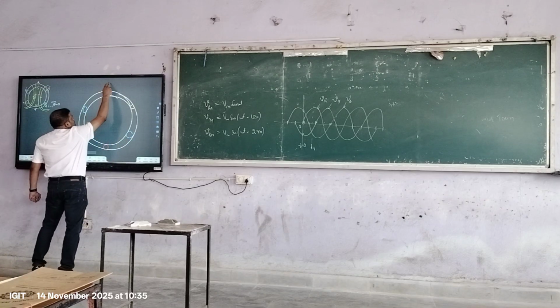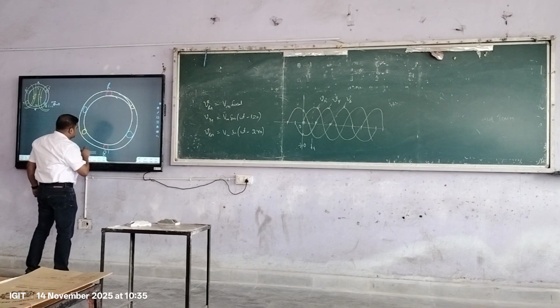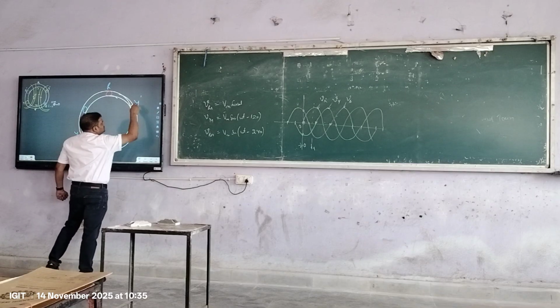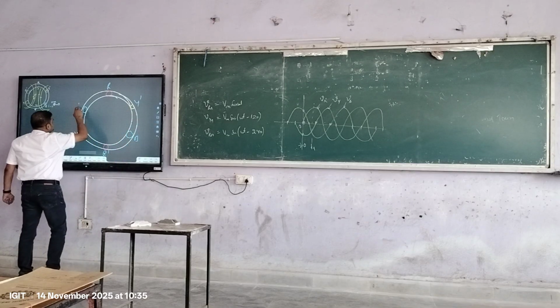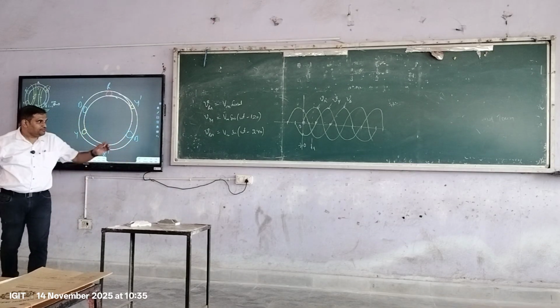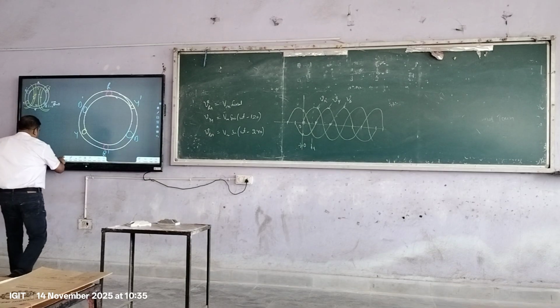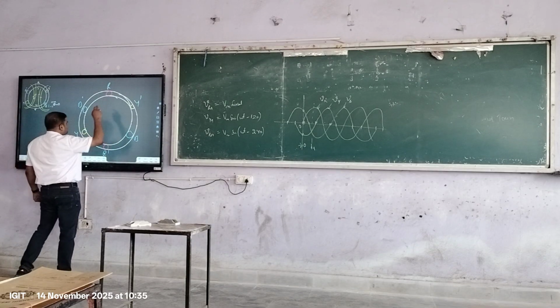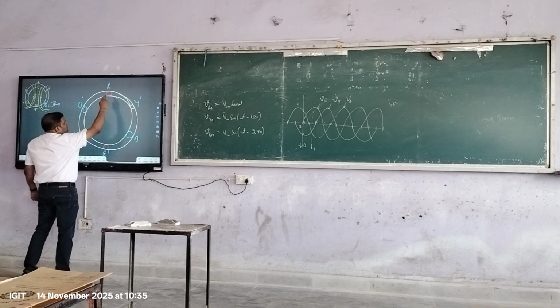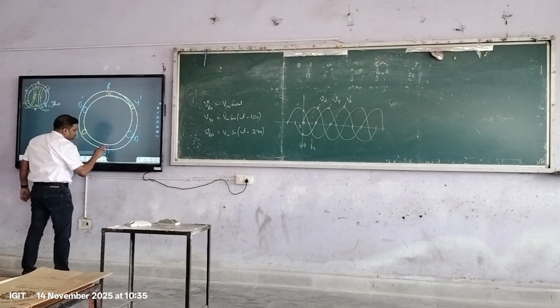Let me write down R, R dash, Y, Y dash and B, B dash. Now tell me, at time t equals to t1, what is the value of R? Is it positive, negative or 0? R is positive. So if it is positive, so first is cross, then dot.